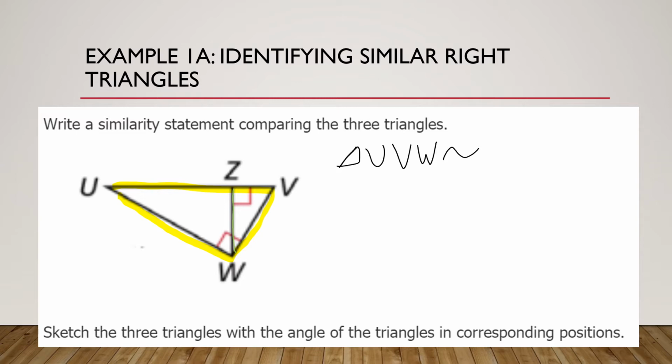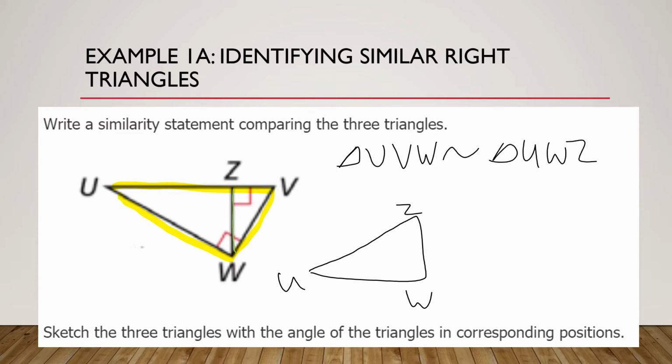So we could sketch our next one, U, W, and Z. We have triangle U, W, Z. That's this one in here. Let me redraw that one.